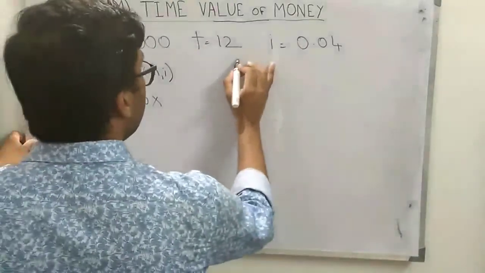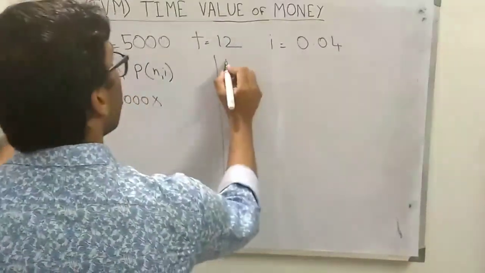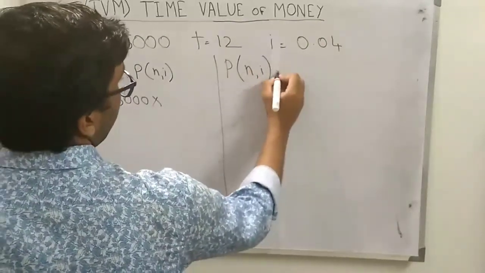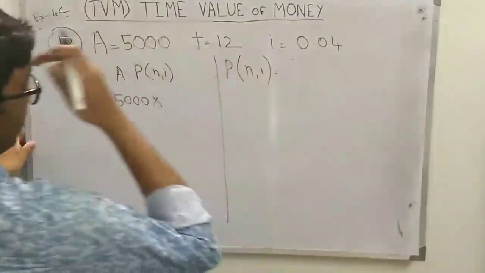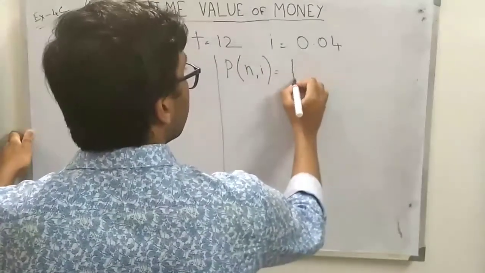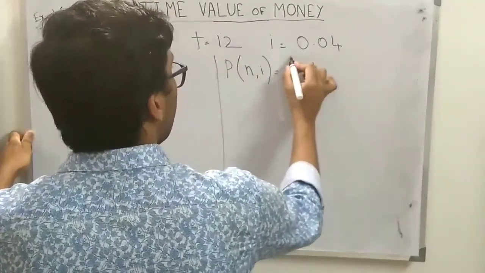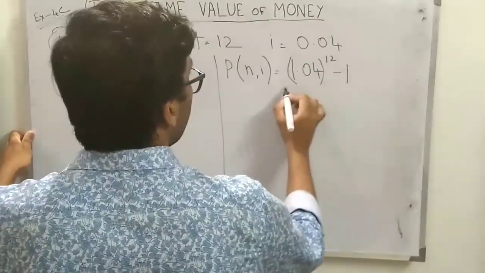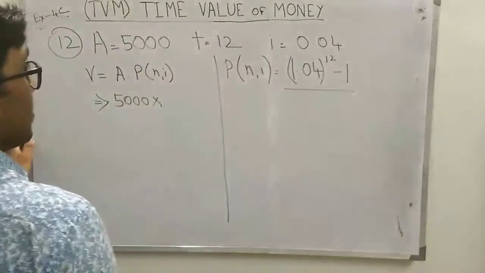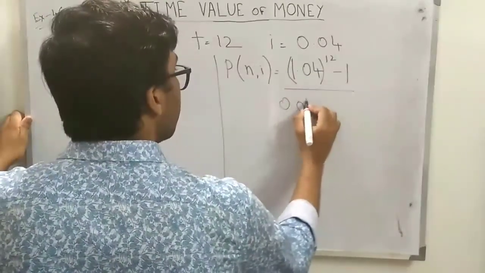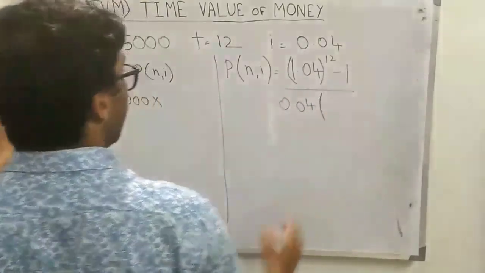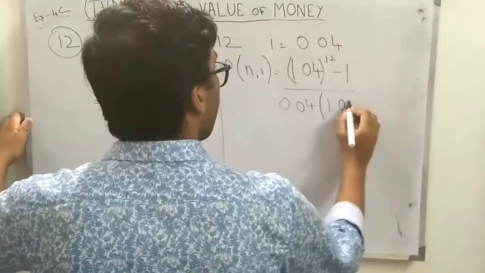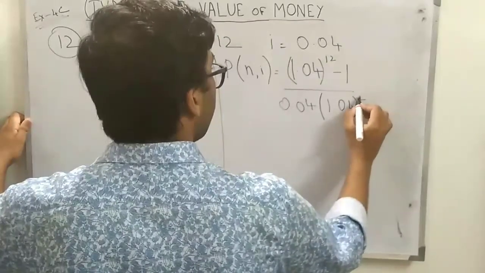Let us calculate the value of PNI. 1 plus i to the power n, that means 1.04 to the power 12 minus 1 divided by 0.04 into 1.04 to the power 12.